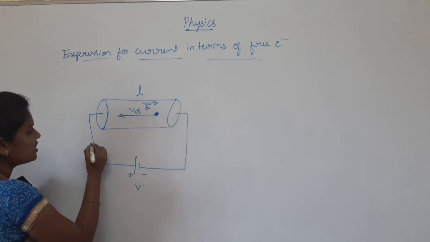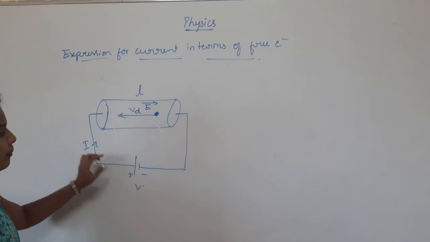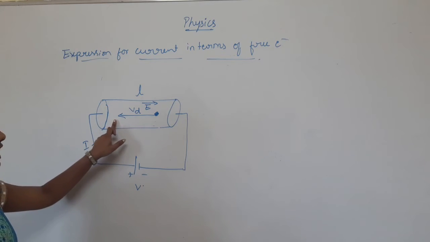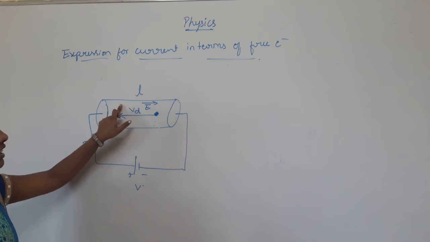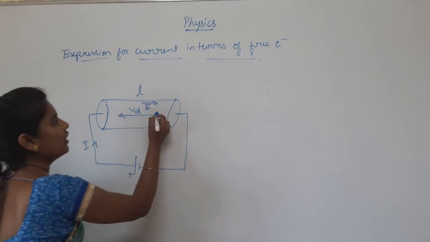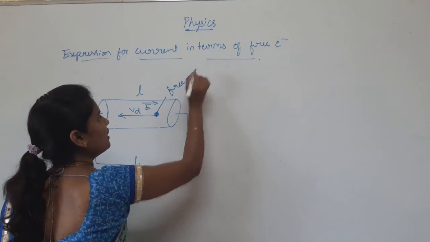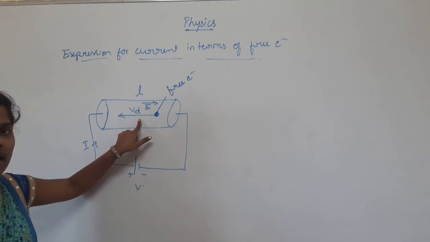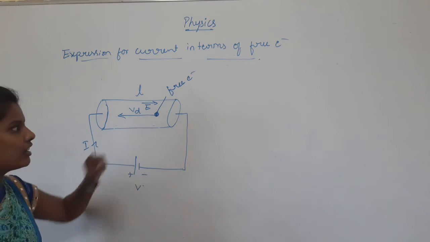When we supply a voltage to this conductor, an electric field is generated. This electric field accelerates the free electrons, which move with drift velocity, opposite to the electric field.